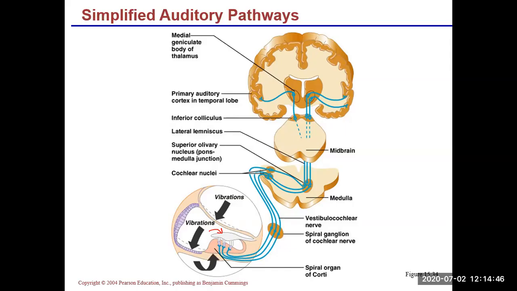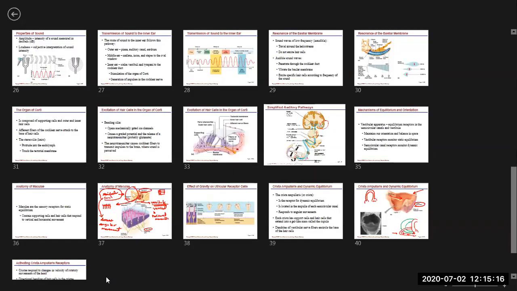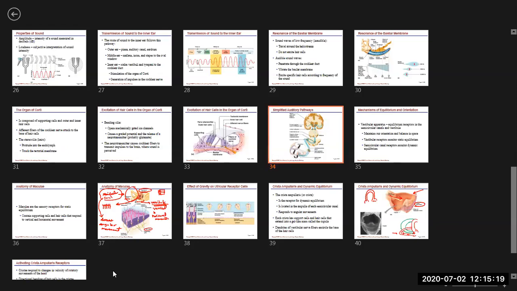As a result, cations can go in and depolarize, and this causes the action potential and the communication via the nerves, which take the information to the auditory association area, which is an area where we can hear things. All right. And again, if many of these structures sound unfamiliar to you, you're supposed to have had them in anatomy. If you haven't, you do need to review.